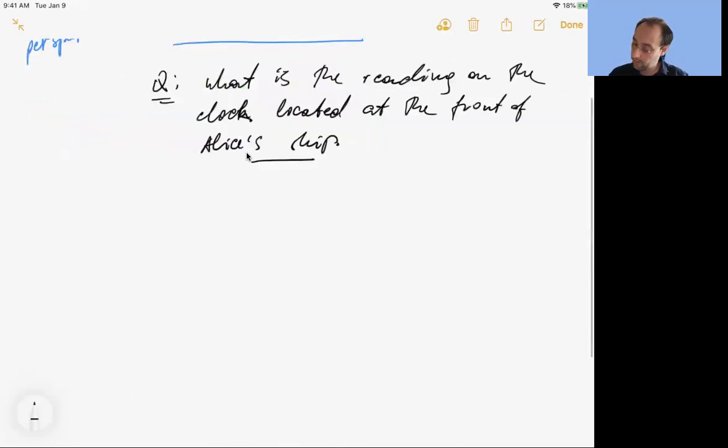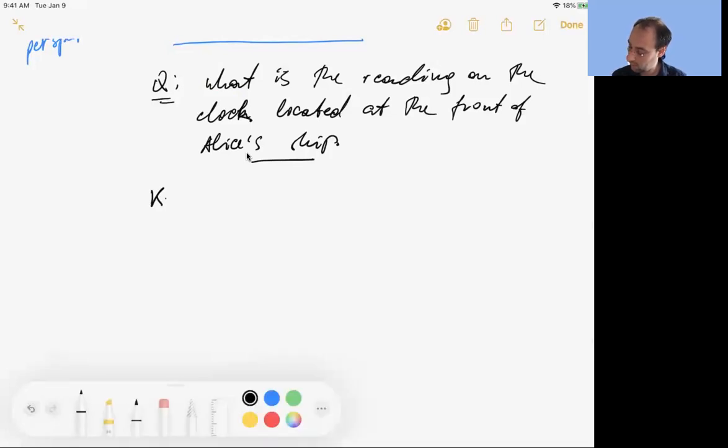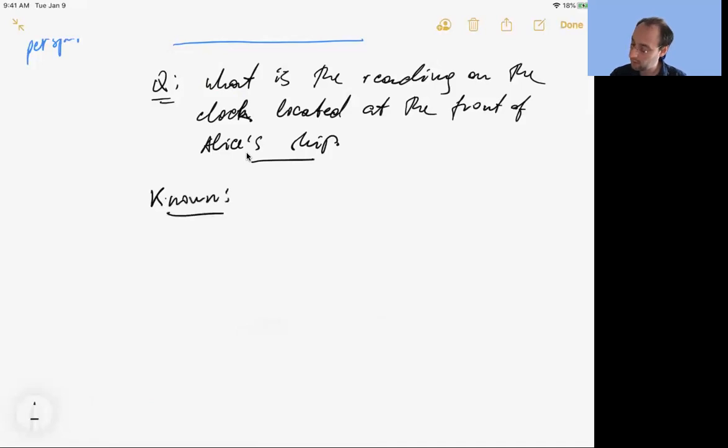We know the following. So for event 1, we know everything. We know x equals x prime equals 0, and t equals t prime equals 0. We know everything about event 1.